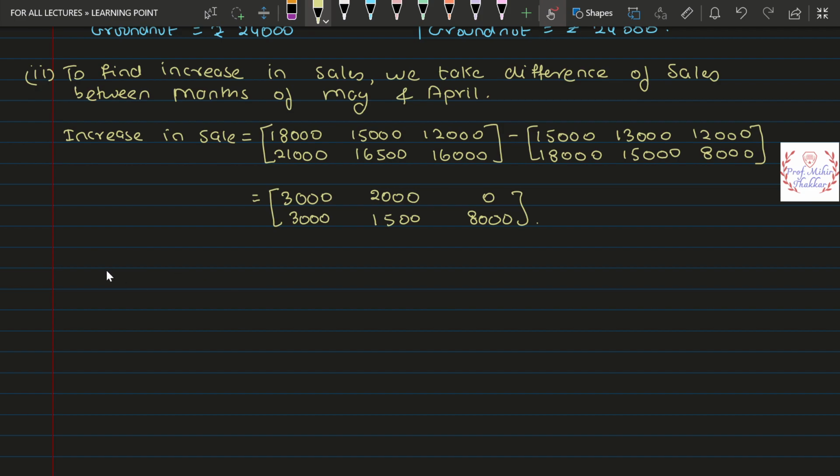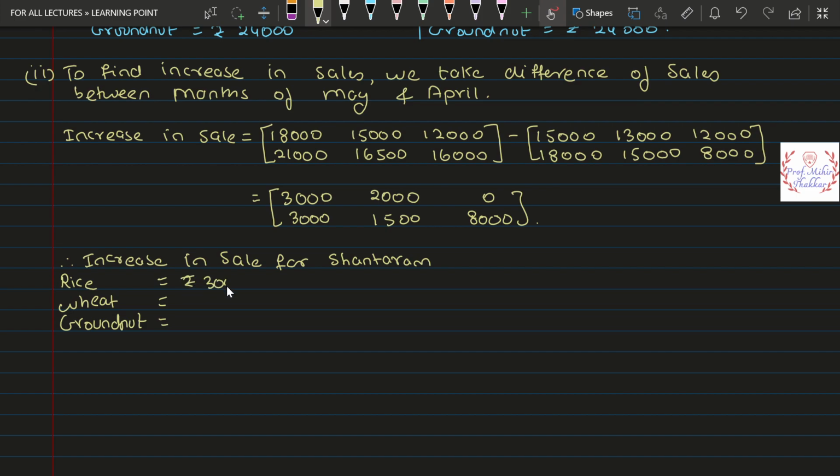Now I can say therefore, increase in sale for Shantaram in rice, wheat and groundnut is rupees 3,000, rupees 2,000 and rupees 0.